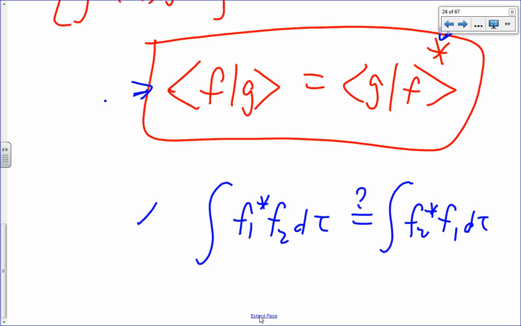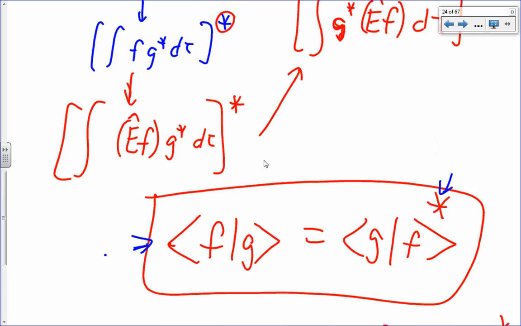I need to put a star. When I switch two functions, I have to put a star. Okay. Now, if there's an operator between them, and I can still do that, putting a star makes them equal, then you say that that operator is a Hermitian operator. In fact, here it's the identity operator that's implied to be a Hermitian operator, right?